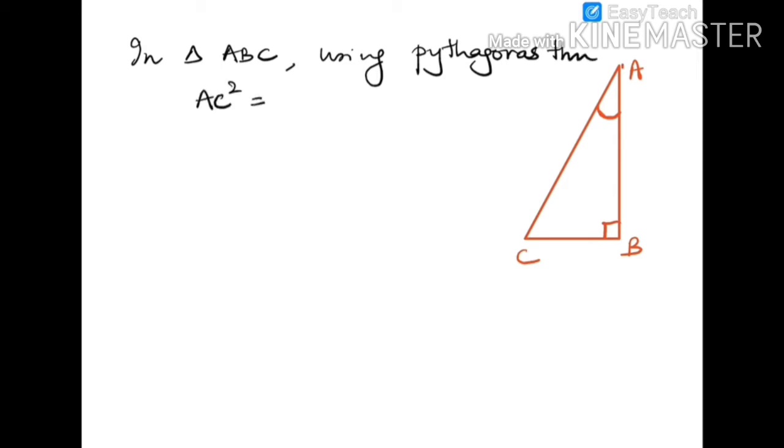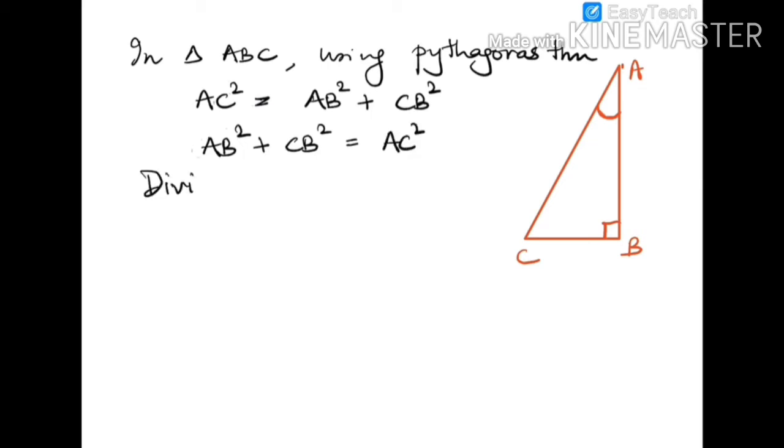So in triangle ABC, using Pythagoras theorem, the square of hypotenuse, that is AC square, will be equal to the sum of squares of the other two sides. I will interchange the sides and write this as AB square plus CB square is equal to AC square.